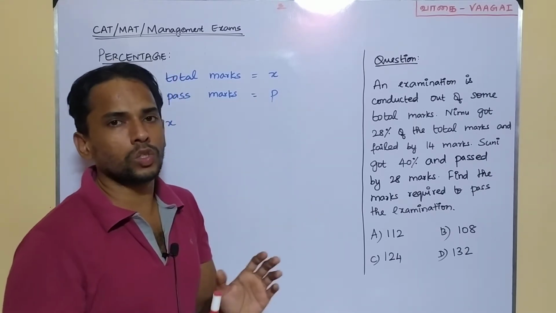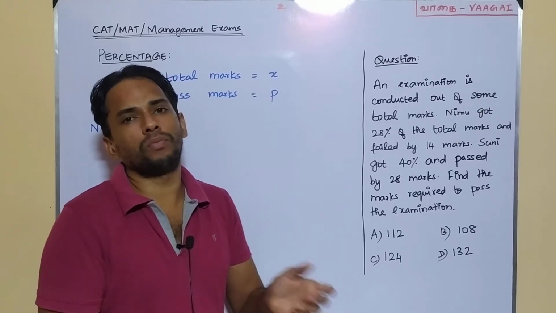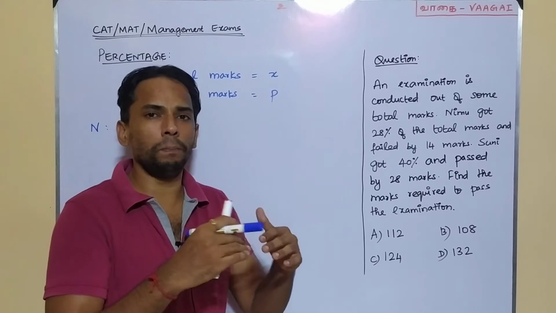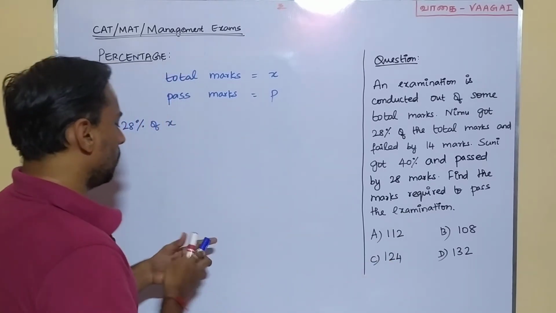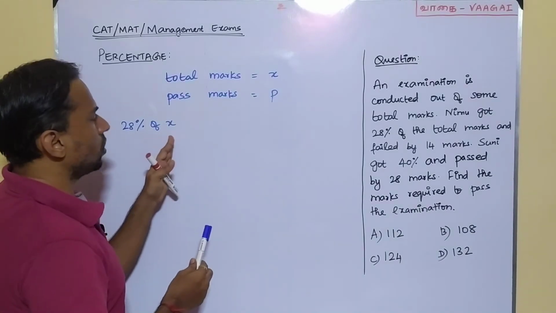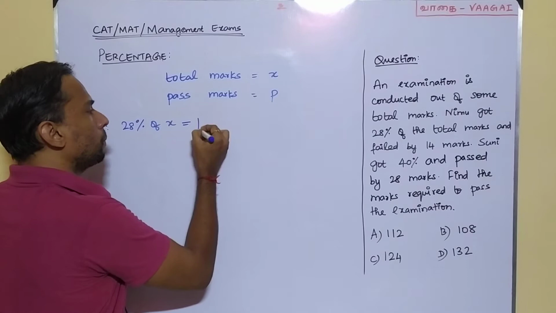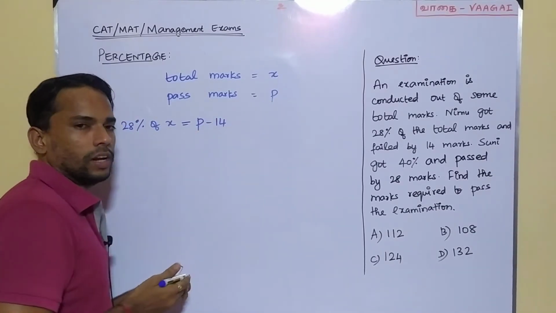Is the point clear? If the statement says he is failing by 14 marks, it simply means that mark is lesser than the pass mark by 14 marks. So I can equate this 28% of x to the pass mark p minus 14.